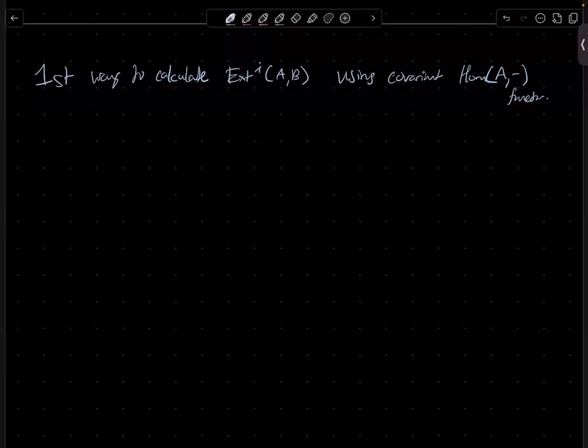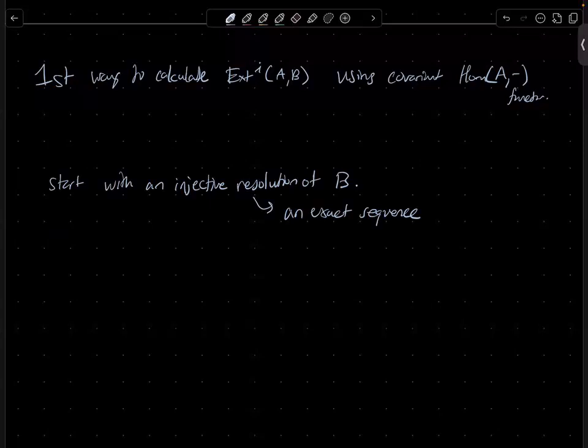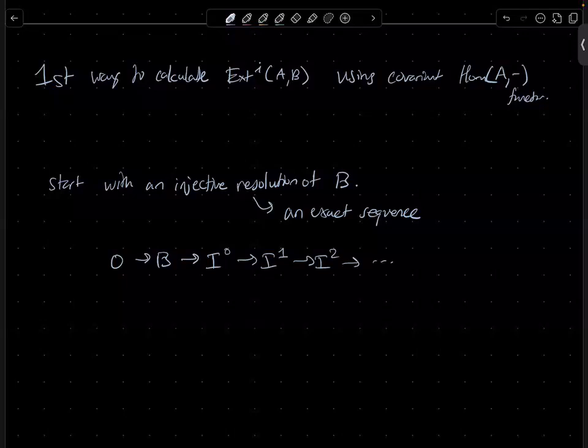So step one, start with an injective resolution of B. What is that? This is an exact sequence that looks like this. It starts from 0 to B, and then you start putting in these injective objects. I'll put I0, I1, I2, and so on.